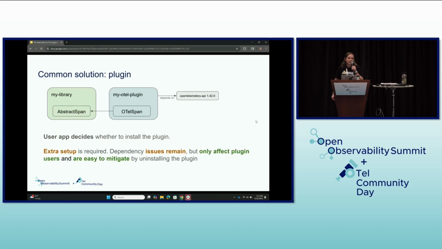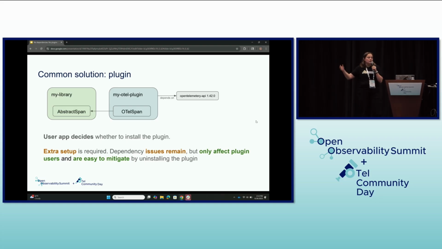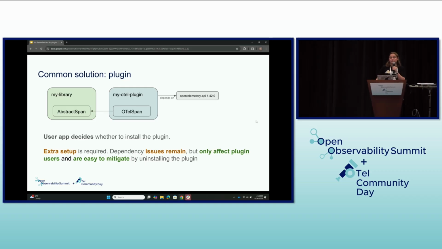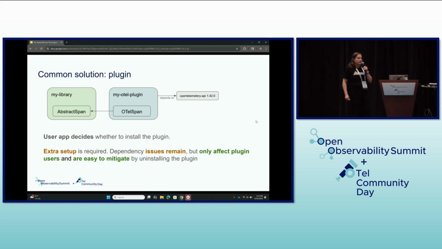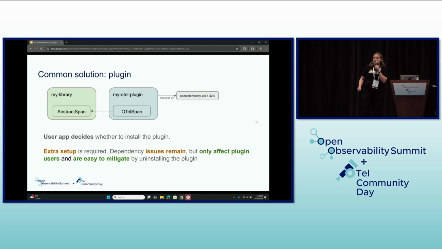The other common pattern is a plugin. You see it a lot, where the library itself never calls into OpenTelemetry directly. It has an abstraction. You call into the abstraction. There is a plugin. The plugin contains the OpenTelemetry implementation. The plugin depends on OpenTelemetry API. Now, your users need to install this plugin first before they get observability.